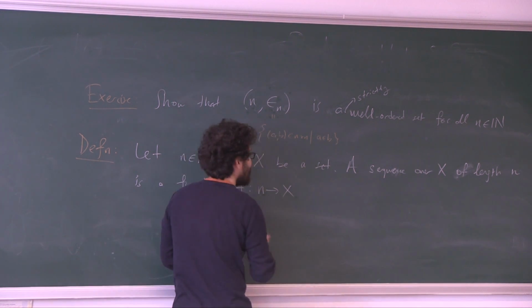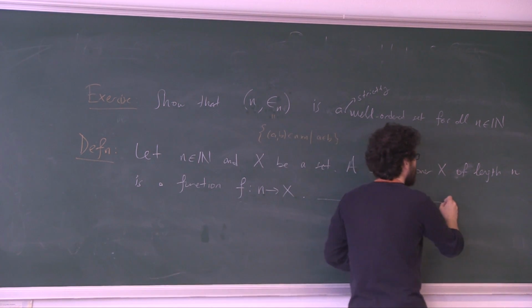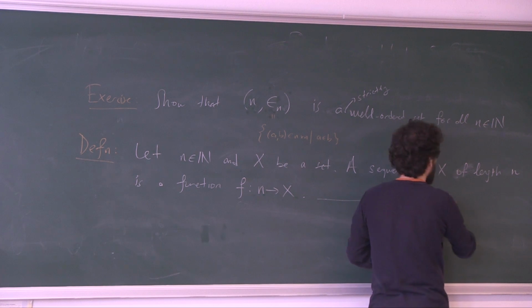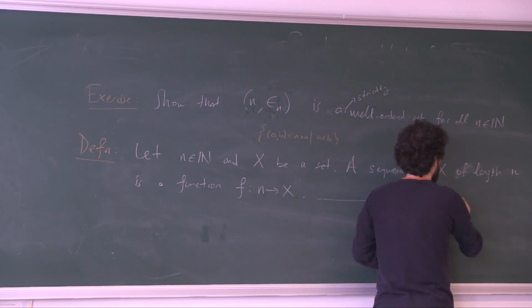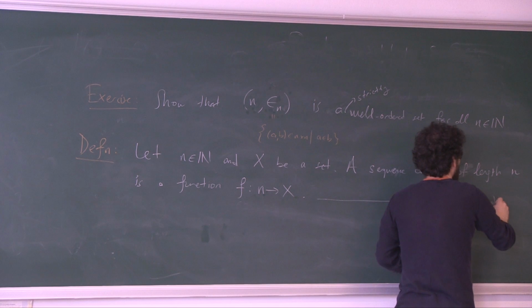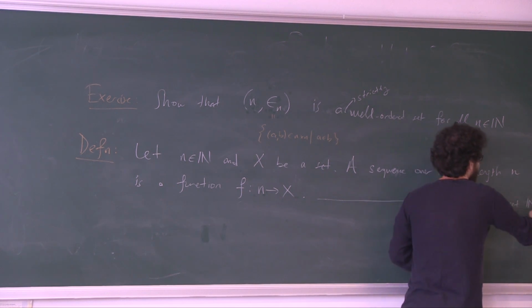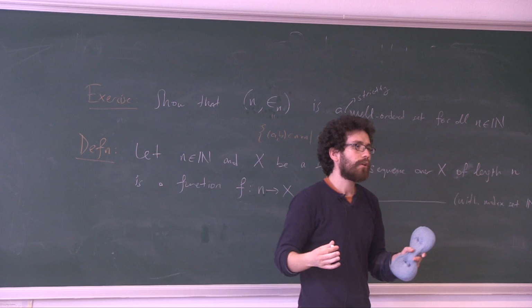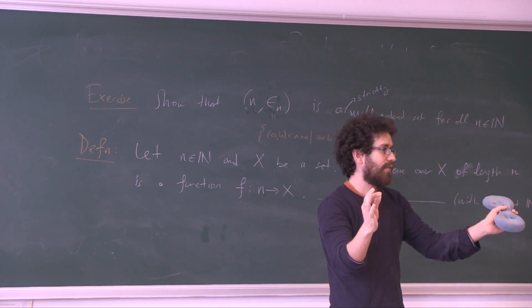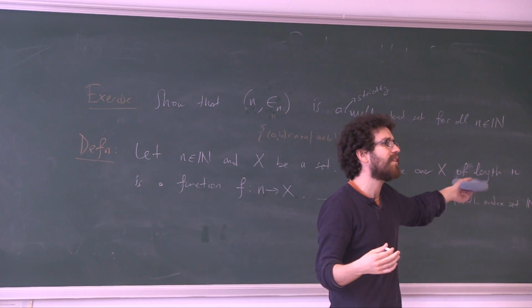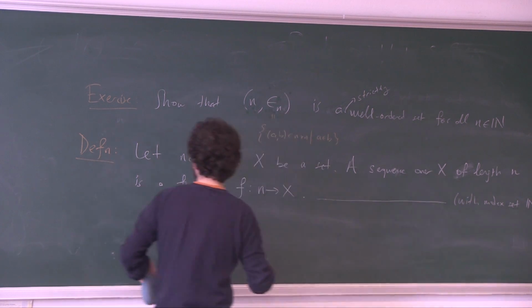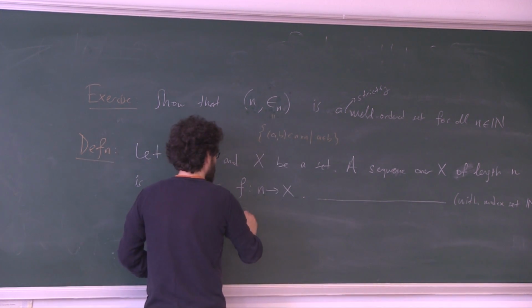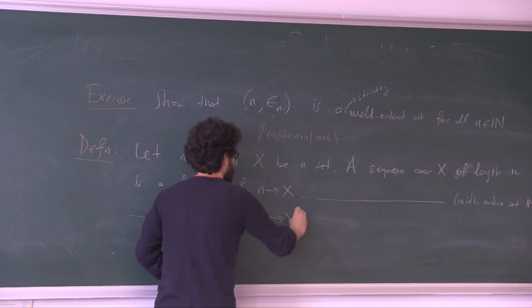Now, let me erase this. A sequence over x with index set... When people, in calculus and other analysis courses, talk about just sequences without specifying the index set, they usually mean that the index set is the natural numbers, okay? And such a sequence is simply a function from natural numbers to x.